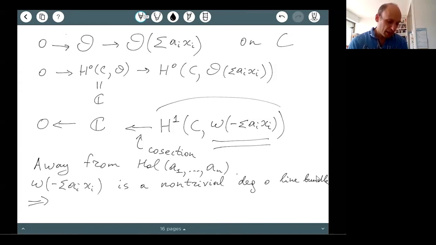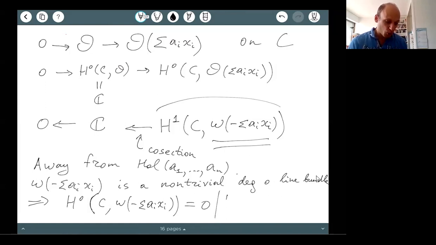Therefore its H0 is equal to 0, since a degree 0 line bundle can have a section only if it is the trivial line bundle.